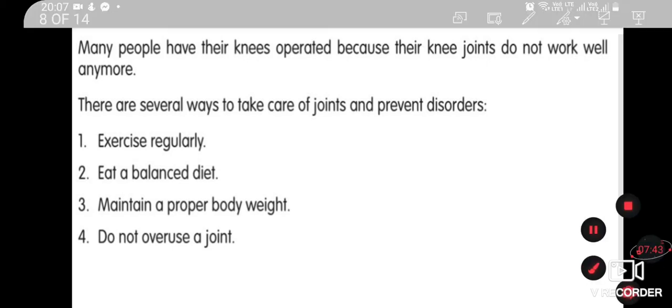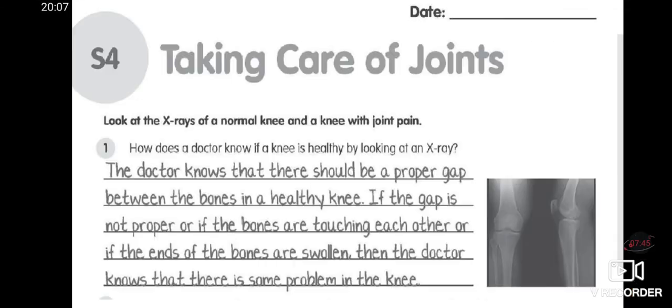So now we will do our worksheet. Now all of you students are able to do your worksheet on your own, and here the answers are given to you. You can check your answers with this. How does a doctor know if a knee is healthy? By looking at an X-ray.